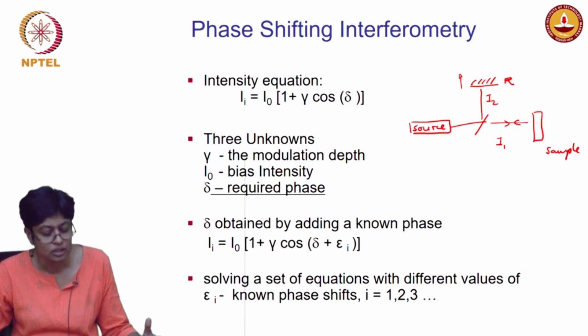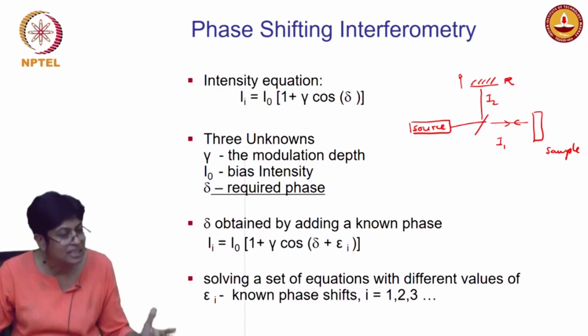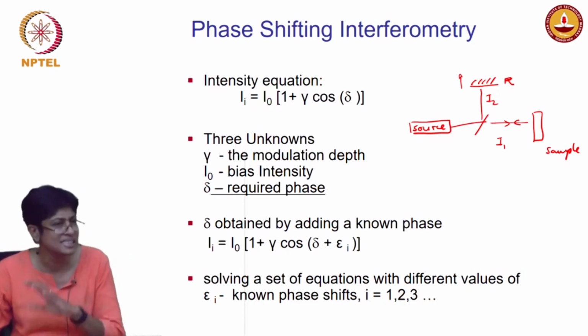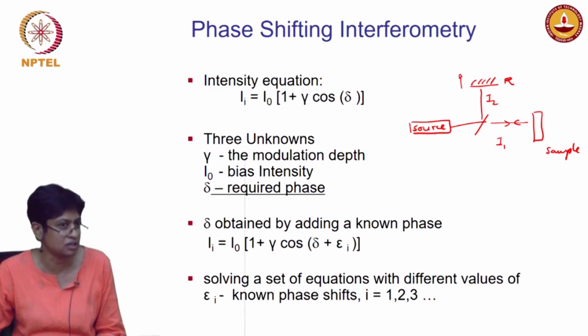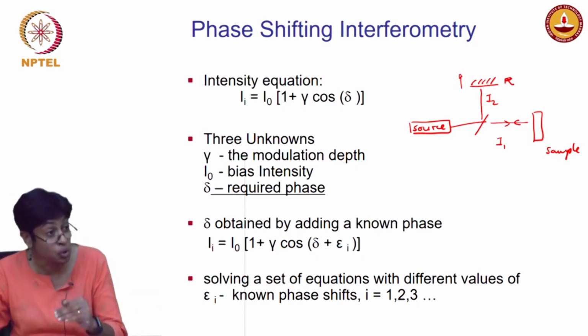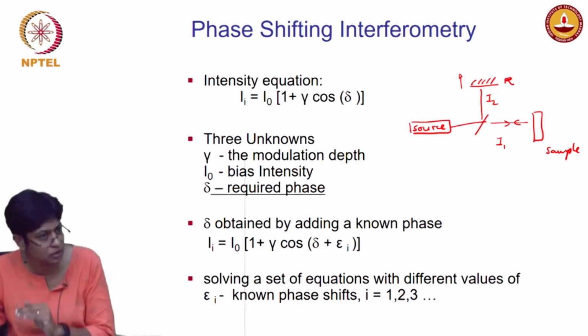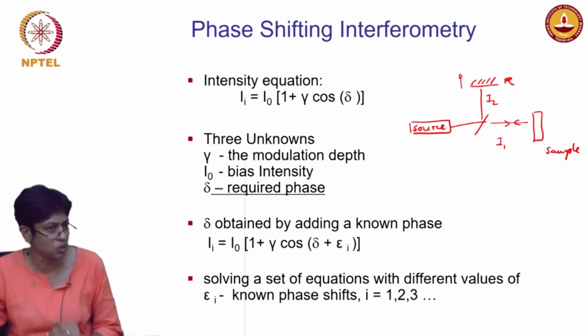So, there's no limit. I don't have to stop at 3. I can do more than 3, but I need at least 3 such measurements, and that's exactly the principle of phase shifting interferometry. You take a reading, introduce a known phase shift, take another reading, introduce another known phase shift, and you go on doing this.